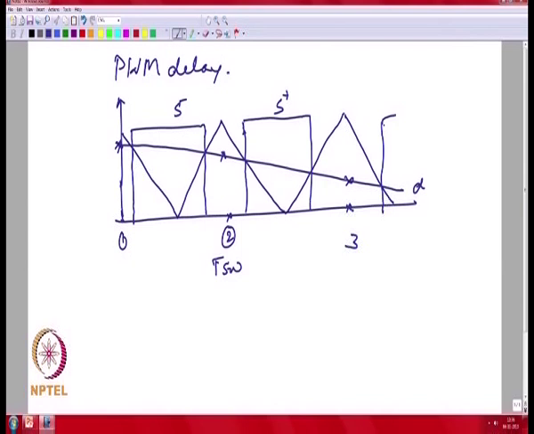If you have an analog type of implementation, you might be able to have the exact intersection of your sine wave, your duty cycle wave and your triangle. People have looked at the difference between regularly sampled and naturally sampled PWM, and the performance is actually quite similar. There are some pulse position changes because of the sampling, but people have found that you get similar performance in the two methods.